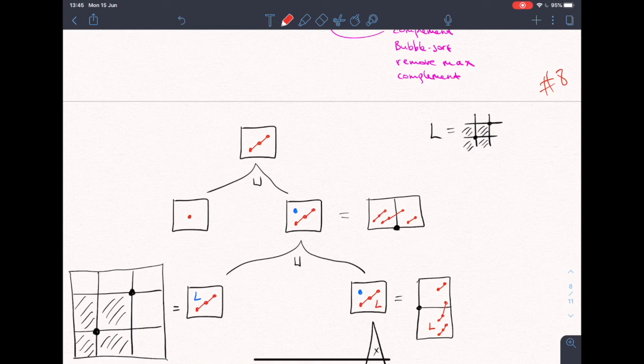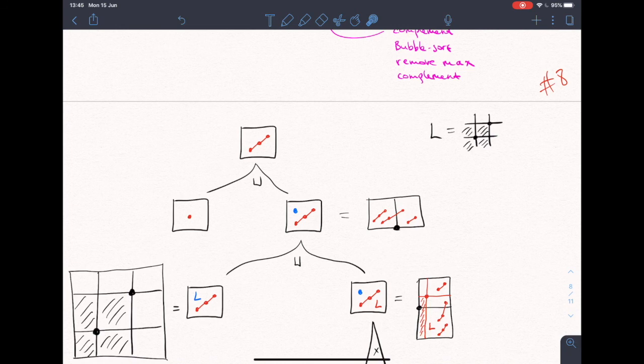However, the entire picture has to avoid L, which means we have to avoid this smaller mesh pattern I'm drawing, because if this smaller mesh pattern appeared, it, along with the leftmost point, would exactly create L, which we don't want.